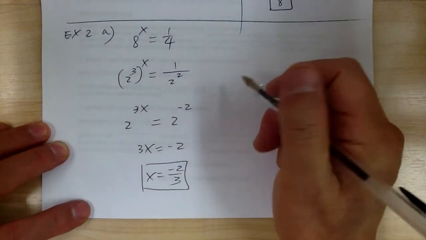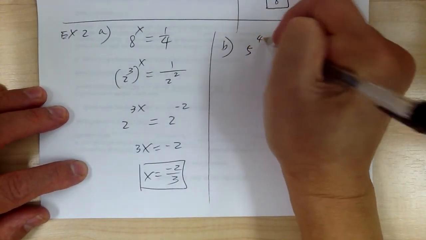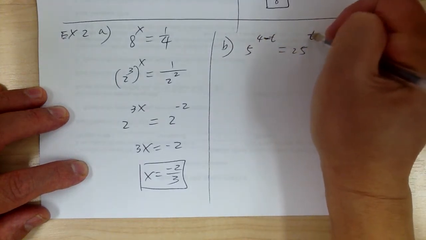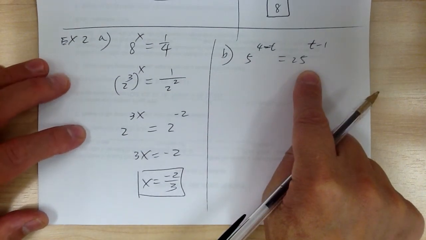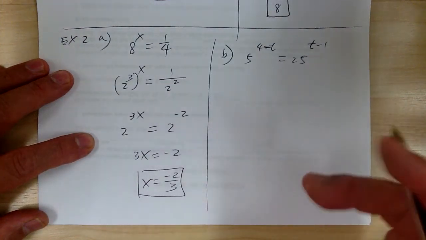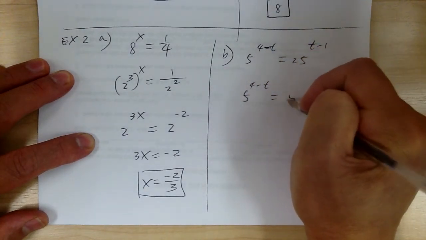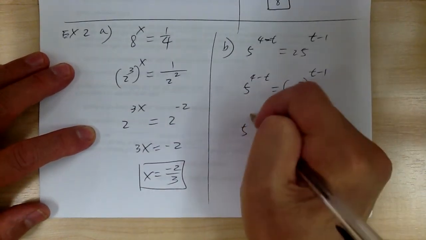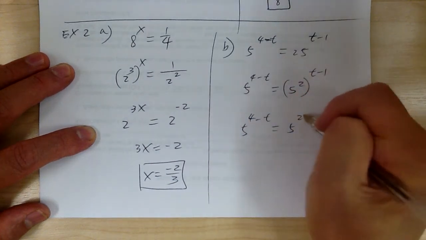Now let's go to B. So you got 5 to the 4 minus t equal to 25 to the t minus 1. Right now you cannot do anything because the bases are different. This is base 5, this is base 25. So again, the key is to make it into the lower base, and then you can match it up. So this is 5 to the 4 minus t. 25 is 5 to the 2, and then you apply the power rule. So you multiply the exponent, so you get 2t minus 2.